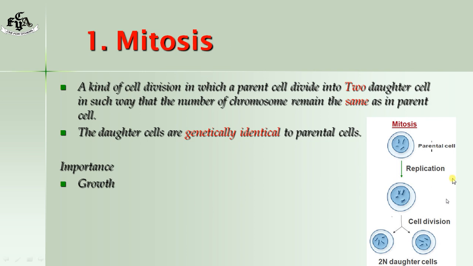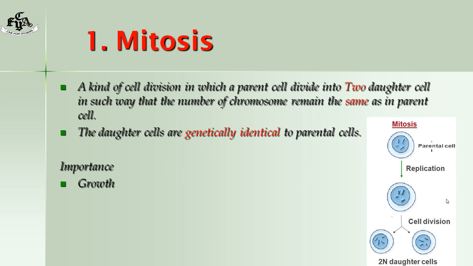Like in this division, there are two daughter cells. If these two daughter cells divide further, it will become 4, then 8, then 16, and so on. So the number of cells will increase, and this will result in the growth of the living organism. So this was about mitosis.